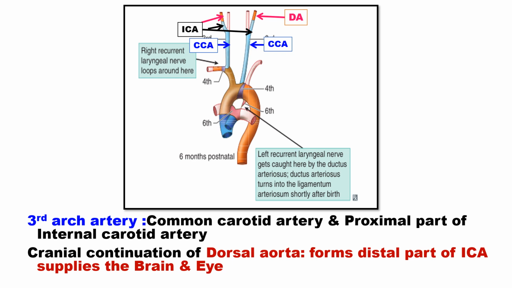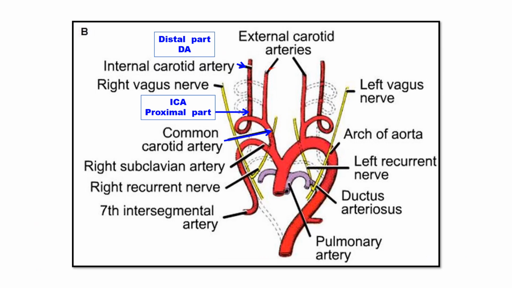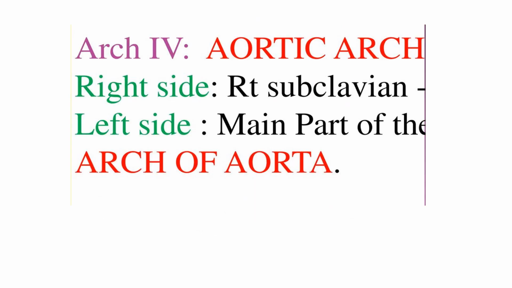And this part of the internal carotid artery finally supplies the brain and the eye, giving rise to the anterior cerebral and middle cerebral arteries and the ophthalmic artery to the eye. The external carotid artery arises as a new sprout at the origin of the third aortic arch artery.